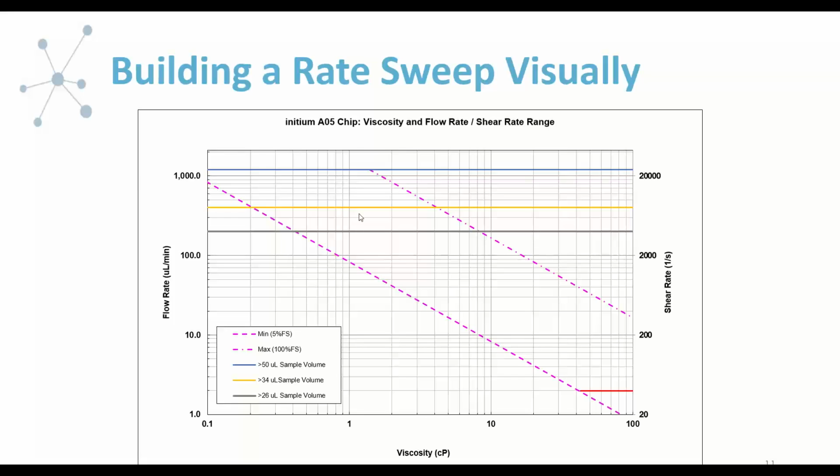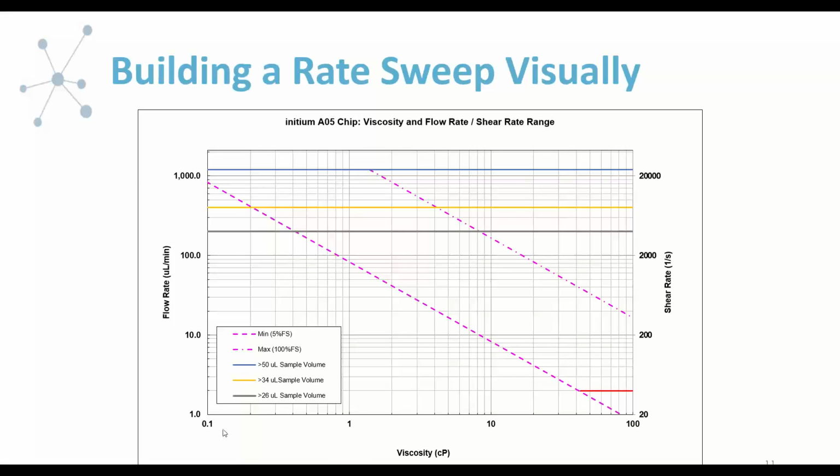If you have 34 microliters, then this region expands further, from 100 down here all the way up to about 400 microliters per minute. And then if you have more than 50 microliters of sample on the 1 Plus, you can explore the maximum range of the chip. So this whole region here, you can explore.